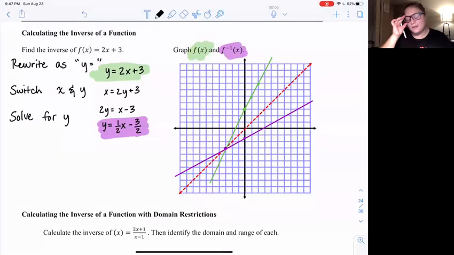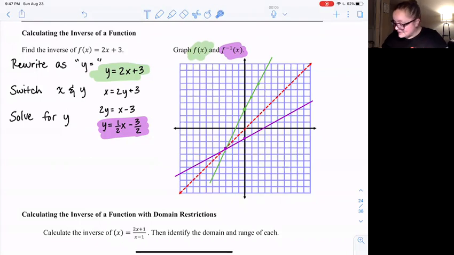Welcome back. Hopefully you saw that the inverse, 1/2 x minus 3/2, is going to reflect that green line over y equals x, so it's going to give us this purple line here. Now, they do intersect. Where do they intersect?